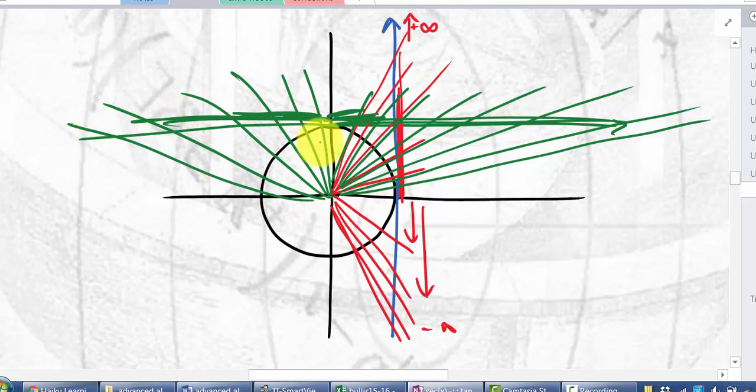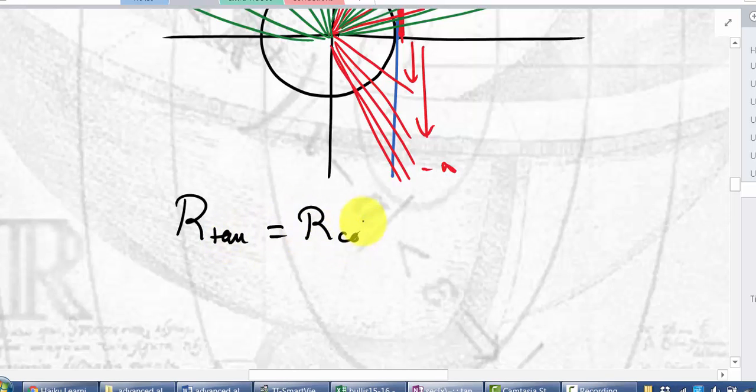The length of this segment is getting larger and larger and larger, okay? So the range of tan and the range of cotan are the same, and these ranges are all real numbers, okay? And we saw it with the visual representation of tan and cotan as length of segment.